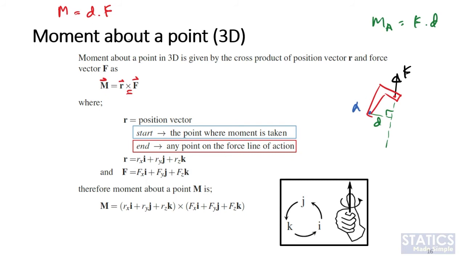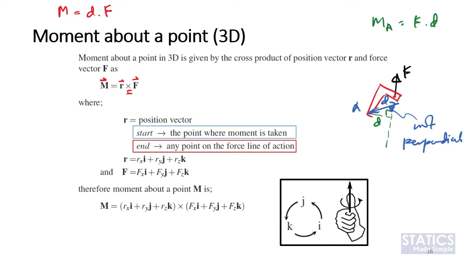Can we use this as our D? No, we can't, because it is not perpendicular. When it's not perpendicular, we can't use this as our D in 2D form. D needs to always be perpendicular to the line of force.